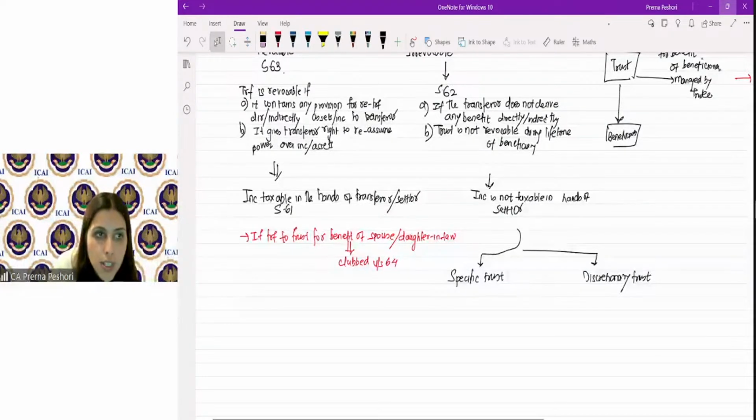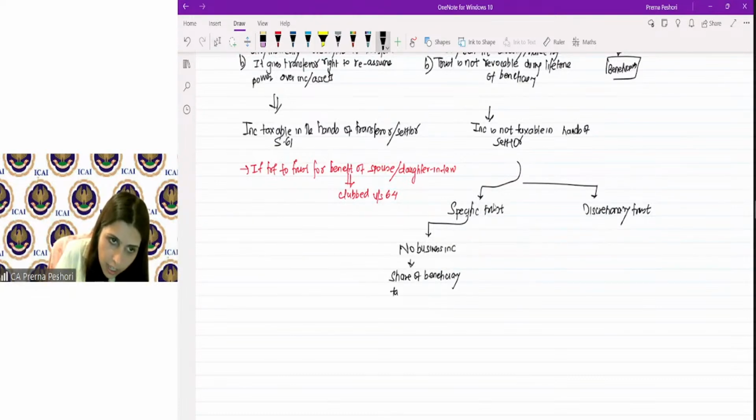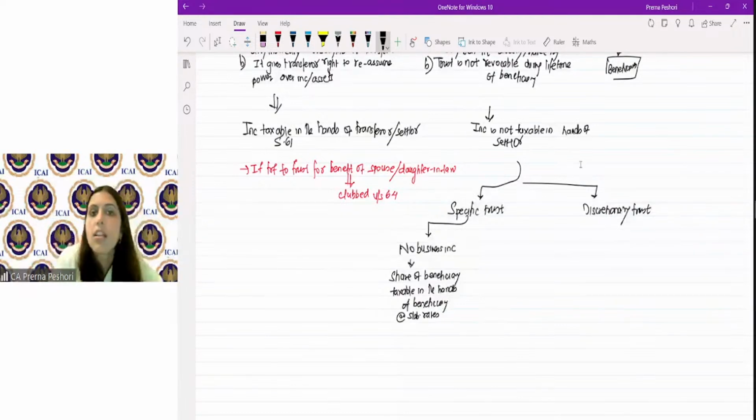Now if there is no business income, then in that particular case, the share of the beneficiary is taxable in the hands of the beneficiary at the slab rates. This is as per section 161.